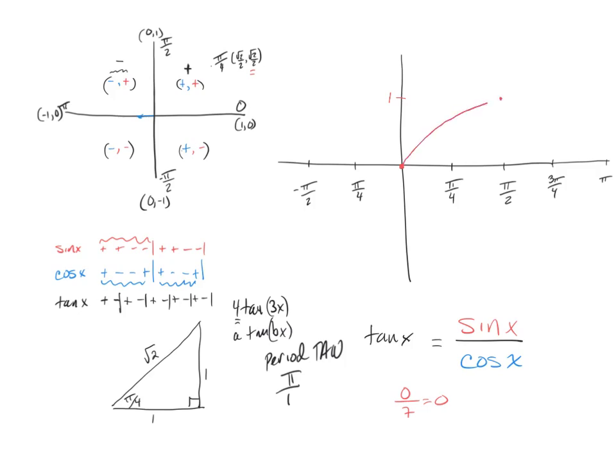And of course, if we continue on over to the second quadrant, sine gets back to 0 by the time it gets to pi. So with that in mind, anywhere the sine is 0, because it's the numerator of the tangent function, the y value of tangent is going to be 0.